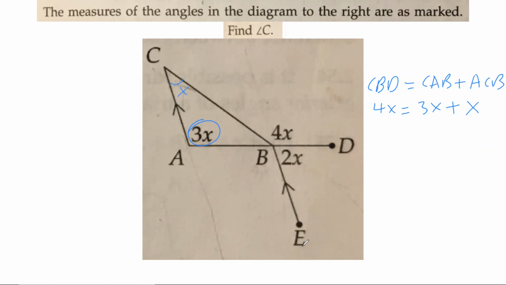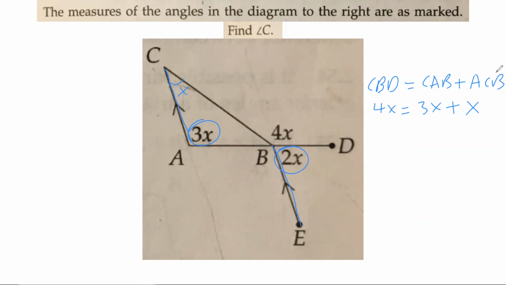So you found angle C in terms of x, so now we have to try to find it in terms of an actual number. So you'll notice that this line here and this line here are parallel, and you still haven't used the information that this angle is 2x. So let's try to use those two pieces of information here.